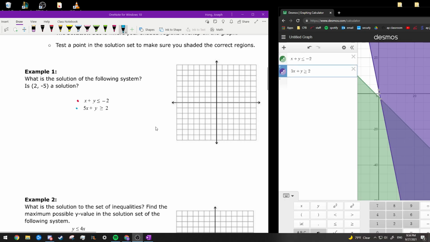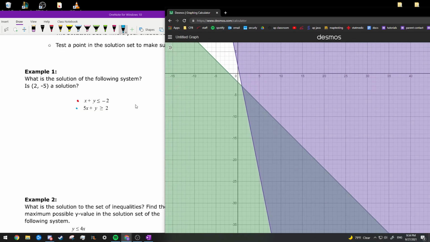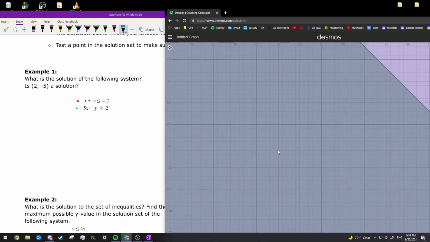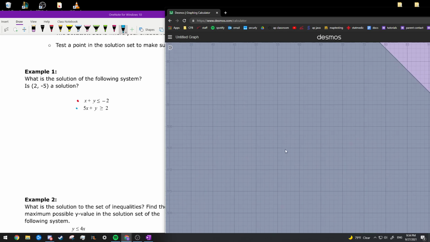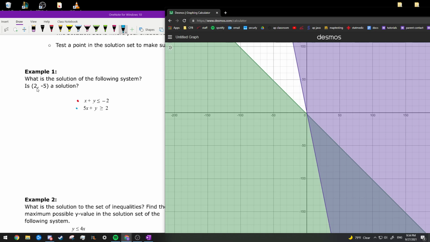Okay, so we're back. I didn't graph it on my paper, but you should have. I'm also going to show you what it looks like on Desmos. This dark purple area is my solution because both the green and the purple are shaded in this triangle right here. The more diagonal or southeast I go, the more solution I have. So the question is, is 2 comma negative 5 a solution?